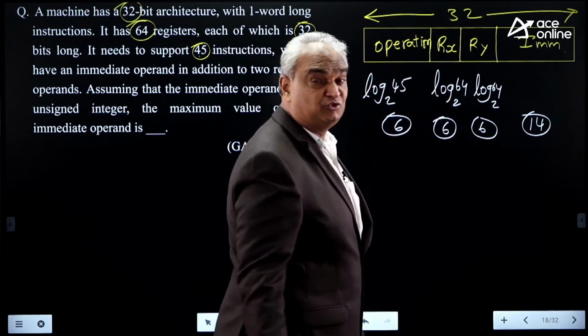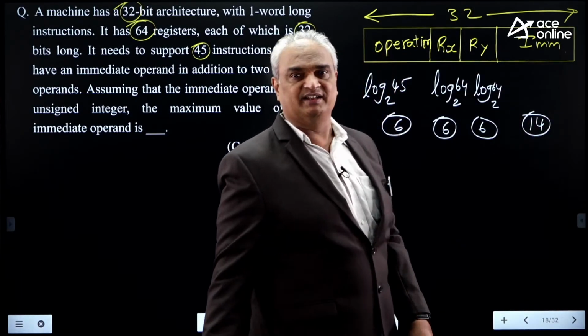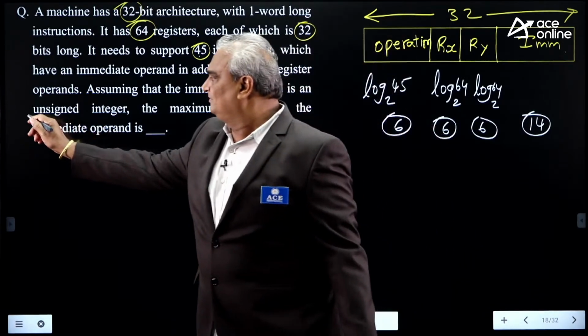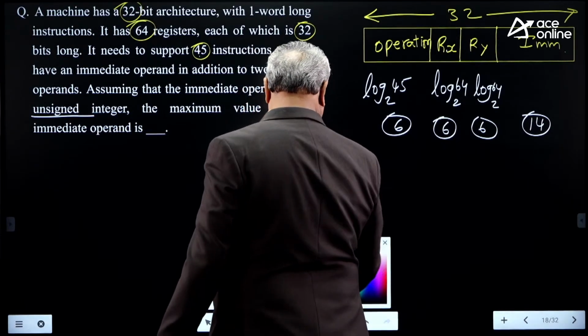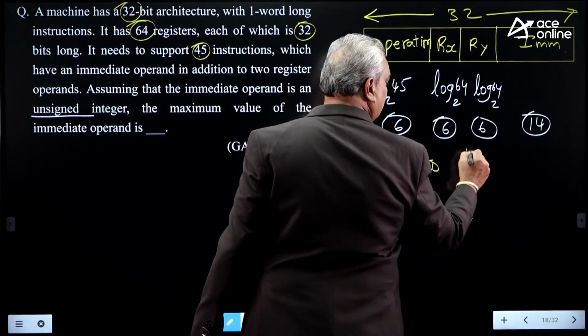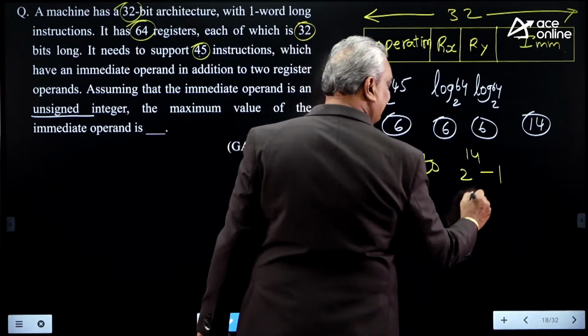He asked the maximum operand to be produced here. Is it signed or unsigned? It is unsigned. So what is the range of the data in unsigned? The range is 0 to 2 power 14 minus 1. It is the minimum value and it is the maximum value.